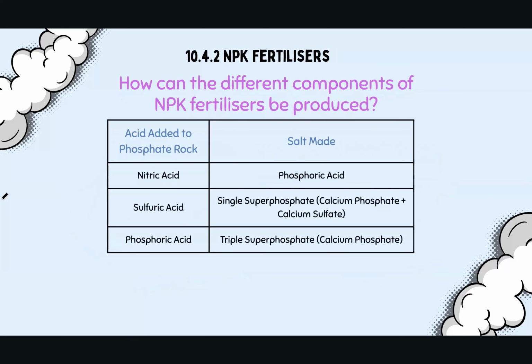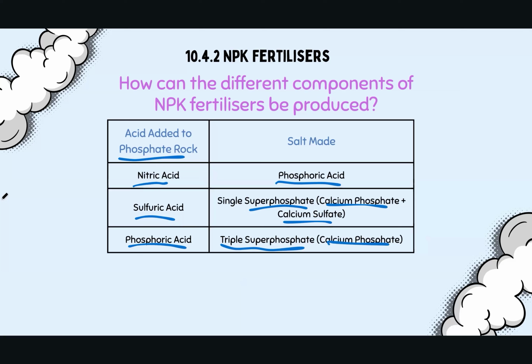Okay, so when nitric acid is added to a phosphate rock, it makes phosphoric acid. When sulfuric acid is added to a phosphate rock, it makes a superphosphate, which is calcium phosphate and calcium sulfate. And when phosphate rock is added to phosphoric acid, it makes triple superphosphate, which is calcium phosphate.